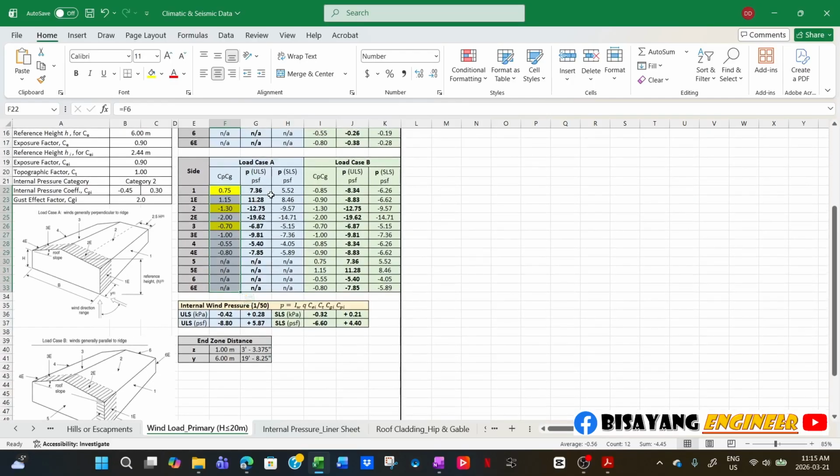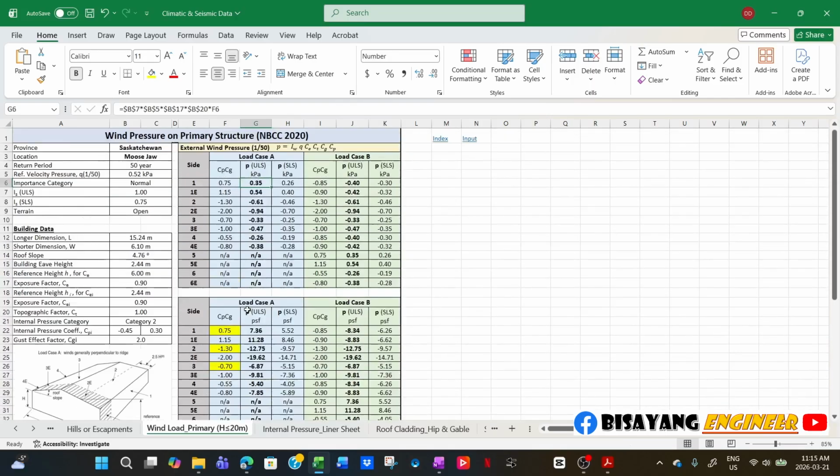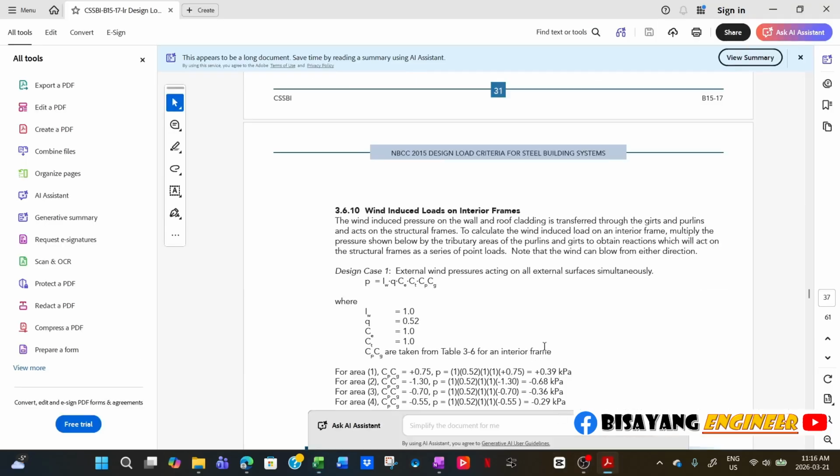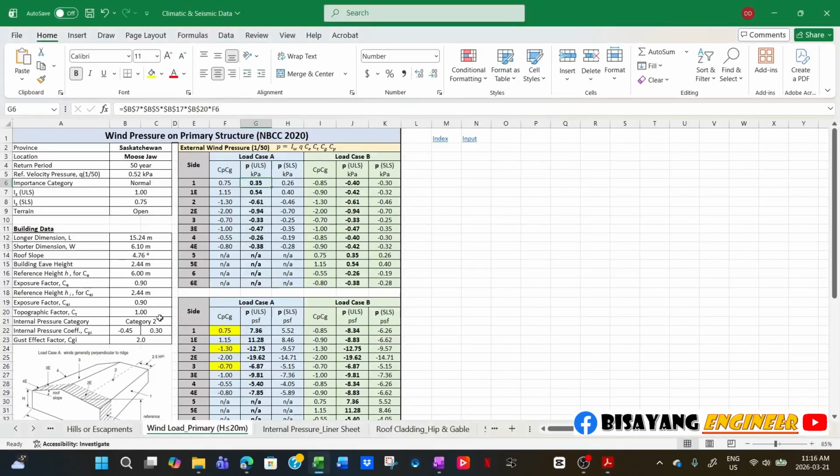And then this one now, for example, this is the psf here, the conversion, but this is the kPa. So for one, this 0.35, if you look at here, 0.39. Let's check this.